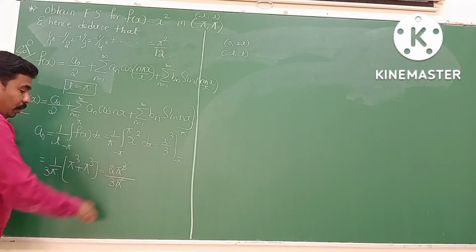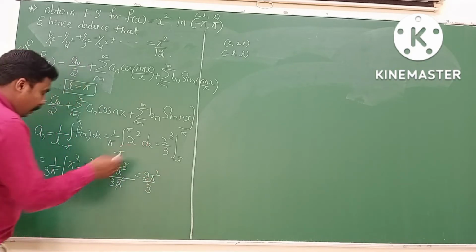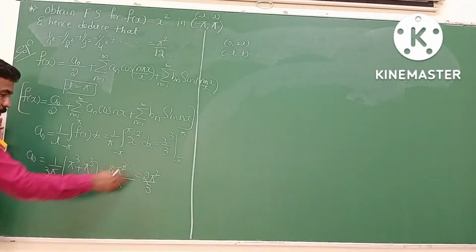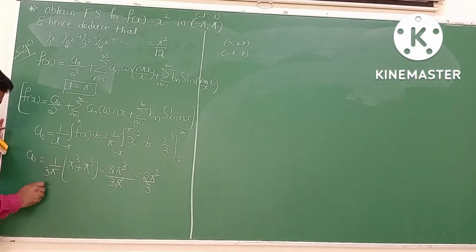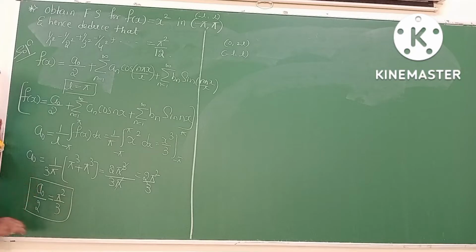So here 1 pi cancels, so the answer is 2 pi square by 3. This answer is nothing but a naught, but in the Fourier series I need a naught by 2, so I will shift this 2 to the left hand side, so it becomes a naught by 2 equal to pi square by 3. So this is our first Fourier coefficient, we have done it.